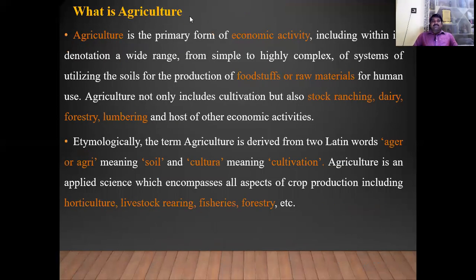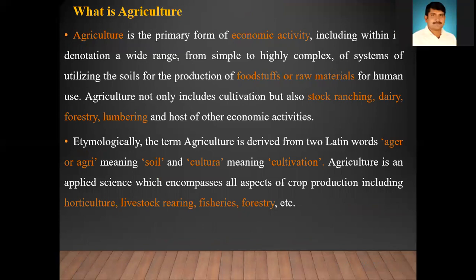What is agriculture? Agriculture is a form of economic activity, including within its denotation a wide range, from simple to highly complex, of systems of utilizing the soils for the production of foodstuffs or raw materials for human use.